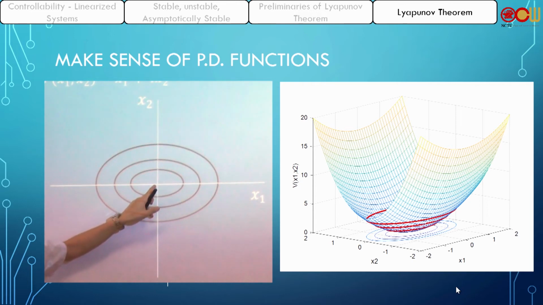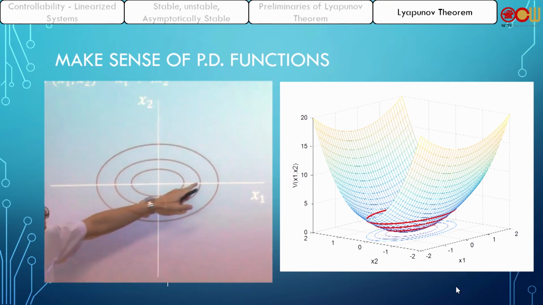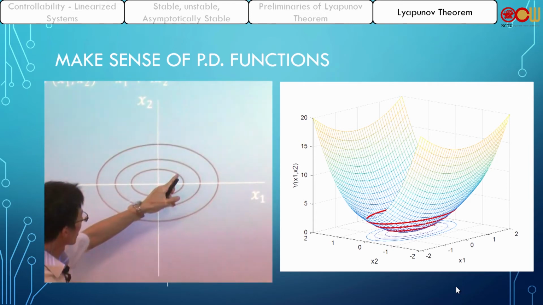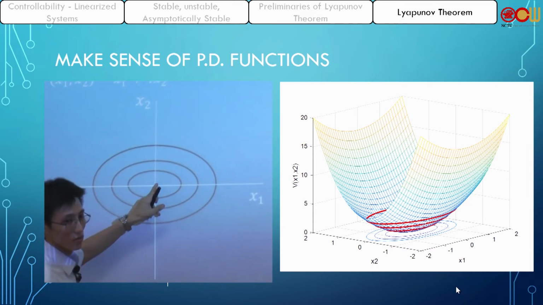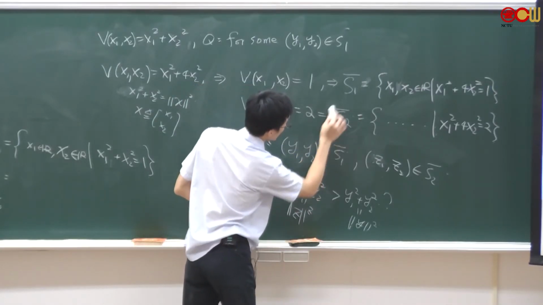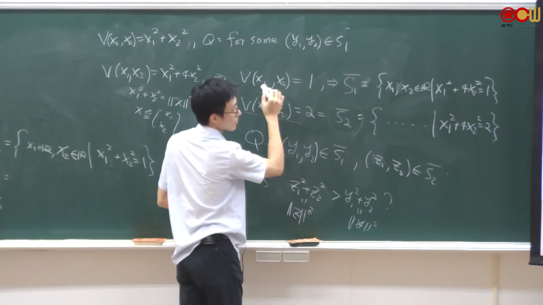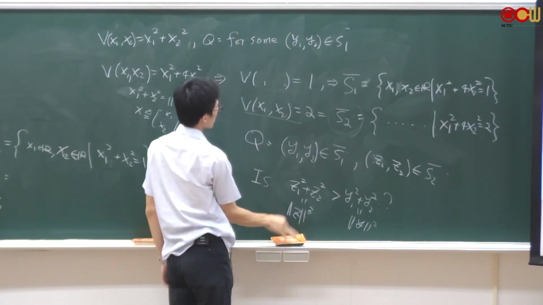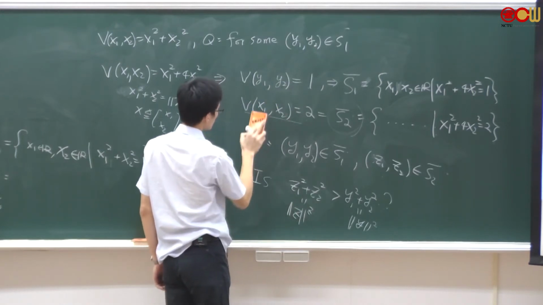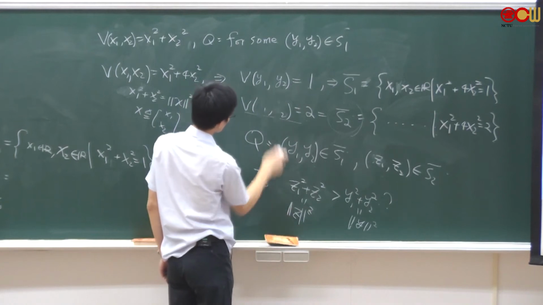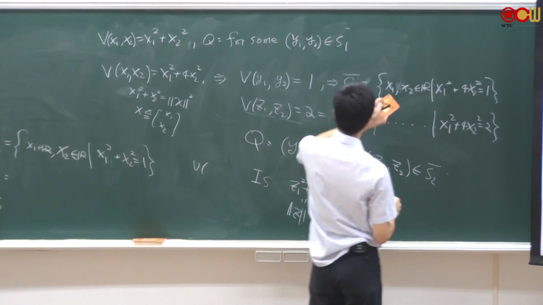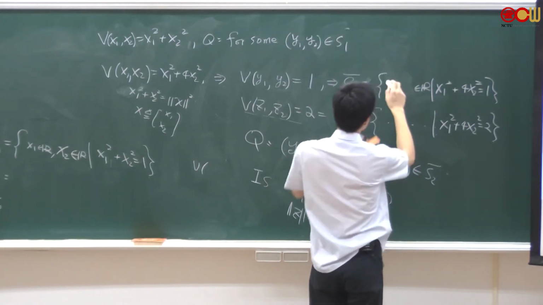Is the distance of this satellite to Earth always greater than that of the other satellite to the Earth? Is that true or not? In this set, the v value is greater than in this set. Sorry, too many arguments. Let's be consistent: y1, y2, z1, z2. Otherwise, you'll be confused.